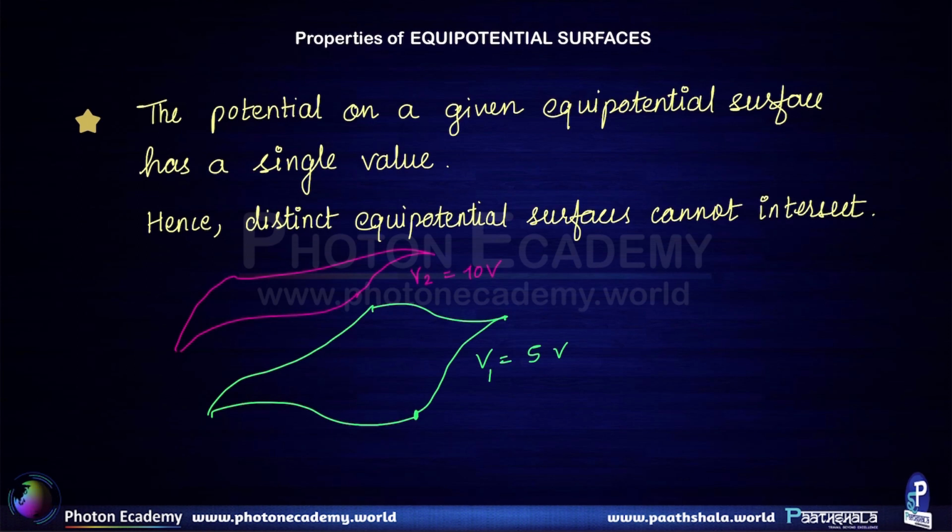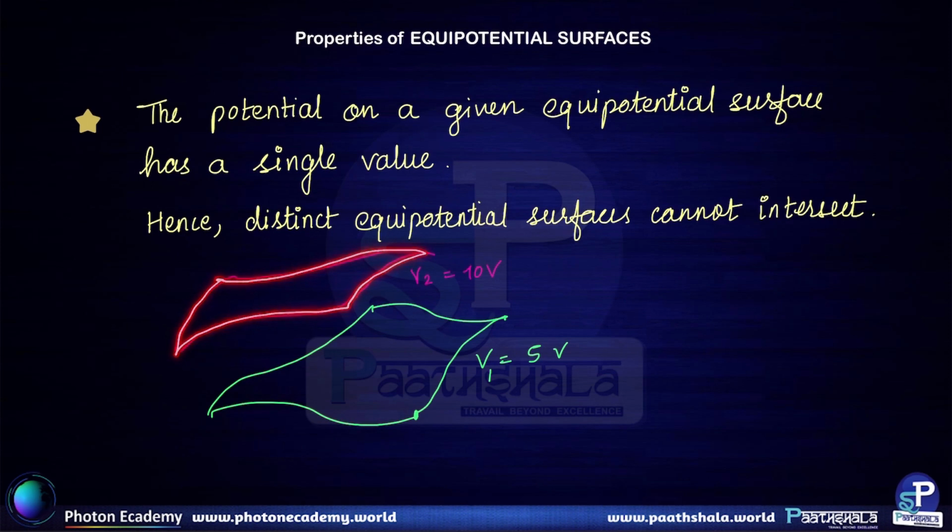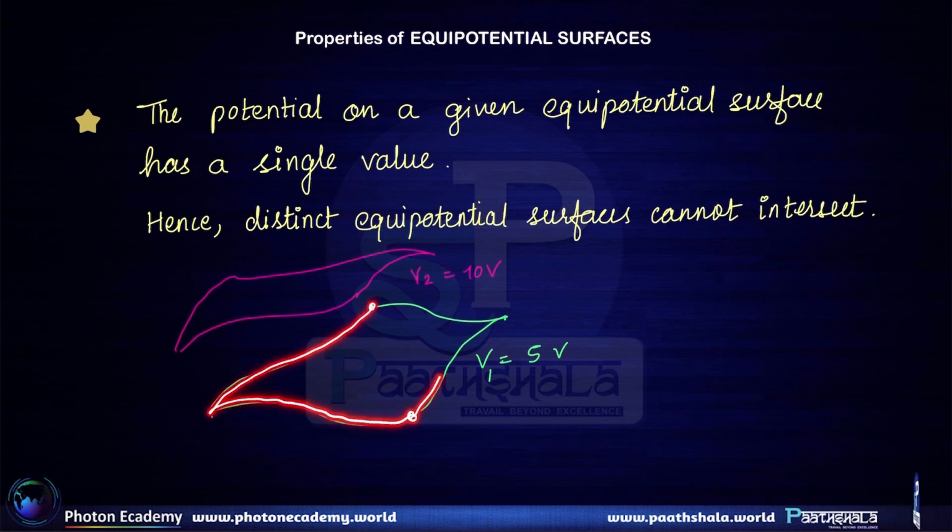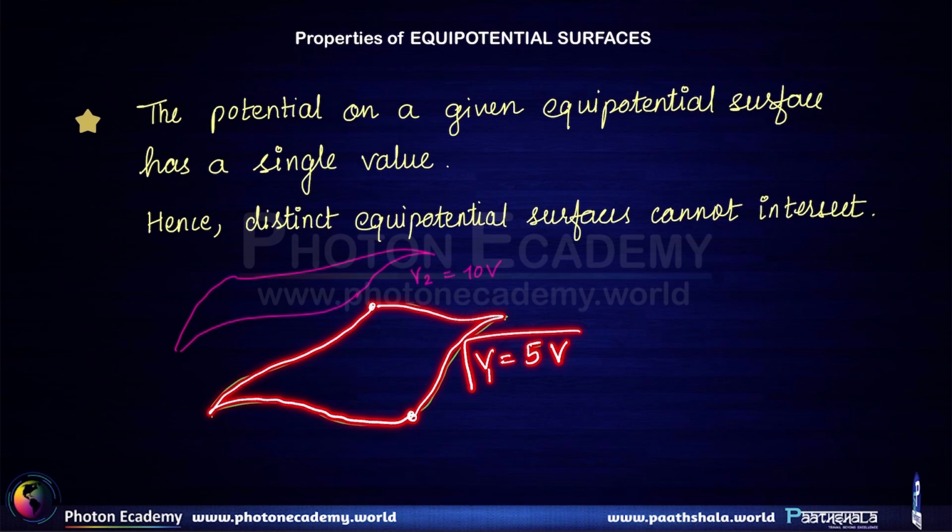Why? Because all the points on this equipotential surface have the potential V2 is equal to 10 volts. Here on this equipotential surface, all the points are going to have the potential V1 is equal to 5 volts.